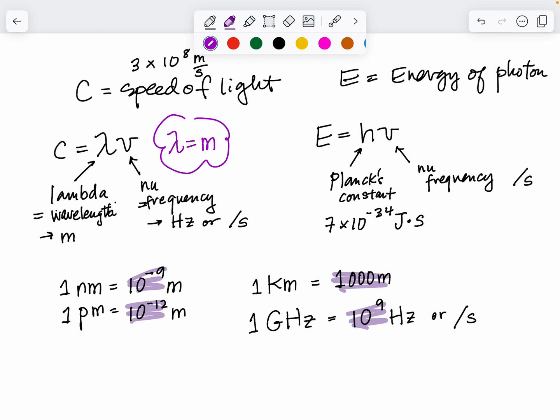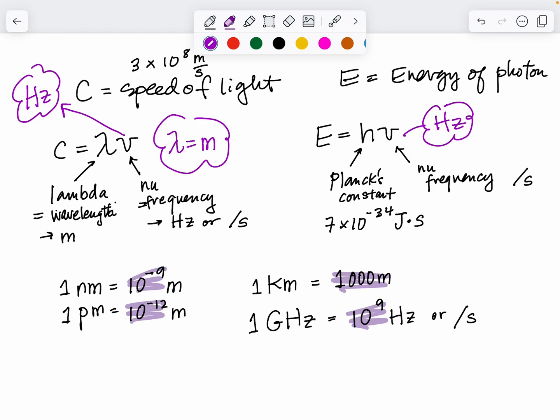When we have anything with frequency, it has to be in hertz. It can't be gigahertz. It can't be picohertz. So we're going to have to do some sort of conversion. I think that is all of the preliminary information.